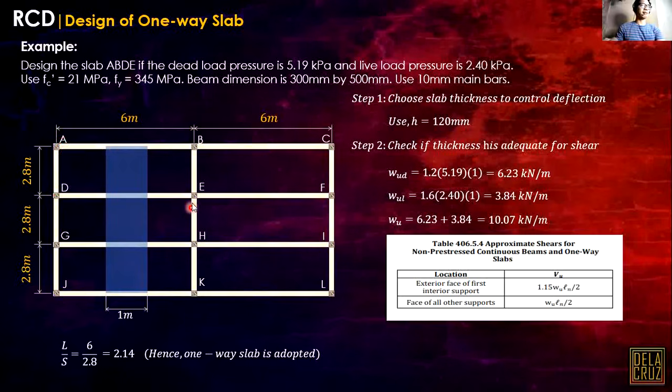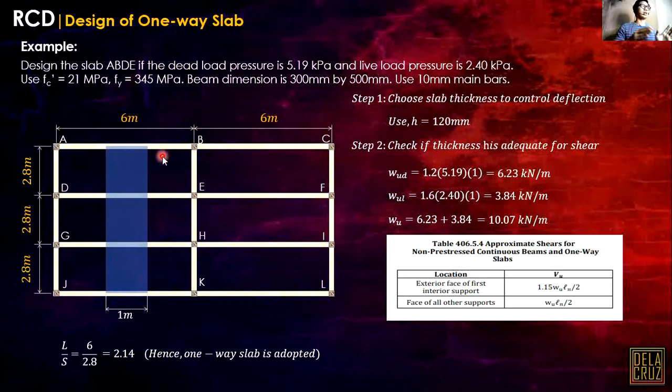Well, in this case, for this slab ABDE, the maximum here is the exterior face of the first interior support. So, if this is our slab, we consider the exterior face of the first interior support. These are the outer supports, that one and this one. These are our exterior supports. The first interior support there is this one and this one. They are both first interior supports. Okay?